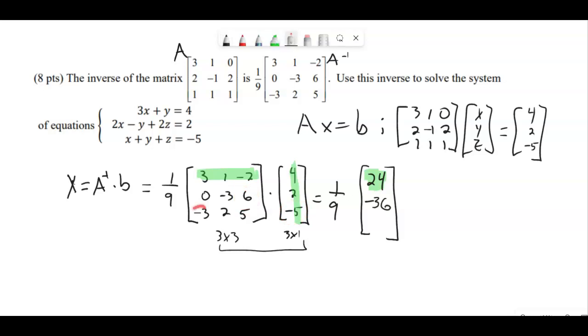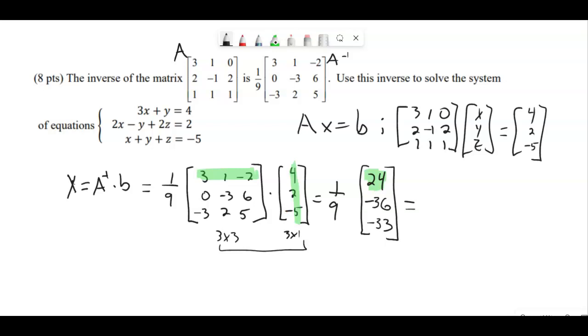And lastly, the third row. Sorry, row 3, column 1 gives us row 3, column 1 spot. First times the first, -12 plus 4 is -8, plus -25. -8, -25 is -33.